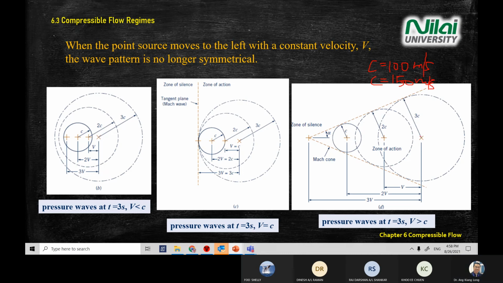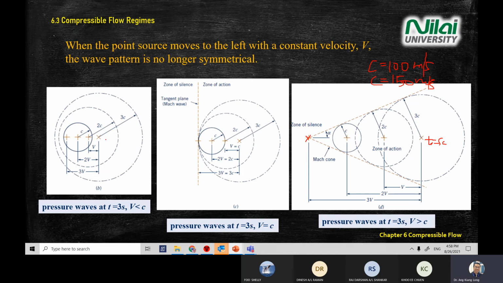So you have 4 points here. After 3 seconds you have 1 circle, after 2 seconds you have 1 circle, after 1 second you have 1 circle, and you join the tangent of the circles. You will meet at 1 point. You call it the zone of silence or Mach cone. The cone that you see here is a Mach cone, and inside this Mach cone, you hear a loud sound.